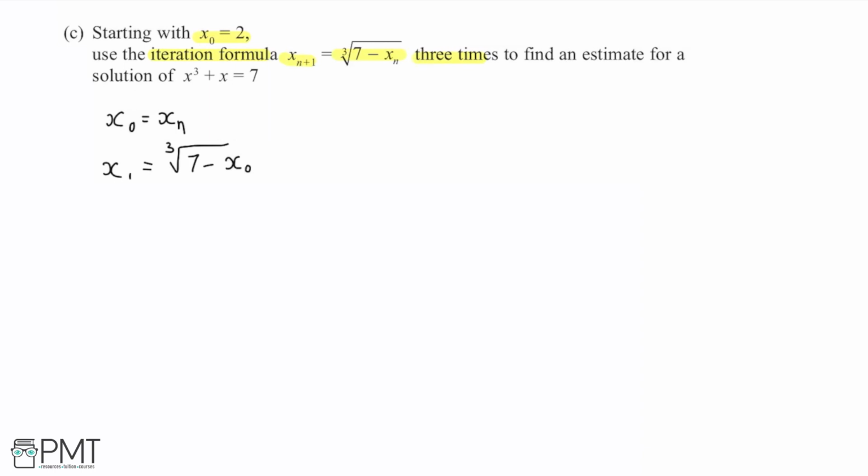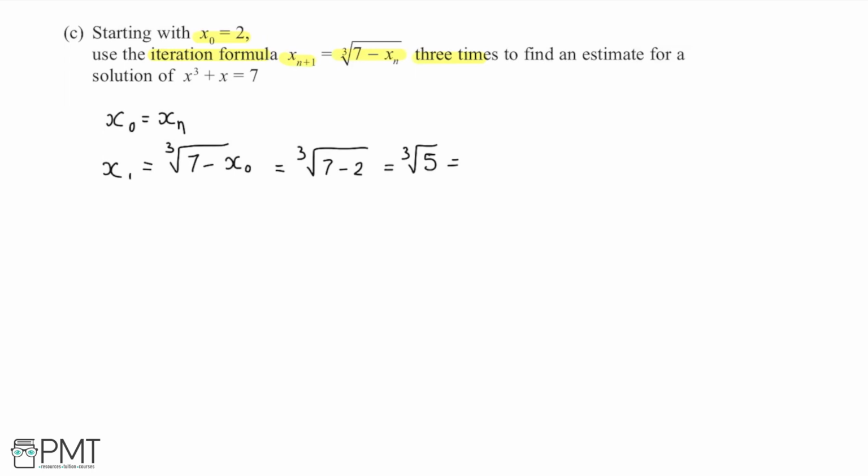So just to go through that again, we have xn plus 1, and n is 0, so n plus 1 is 1. So x1, next term, is equal to the cubed root of 7 minus x0. And we have the value of x0 that we've been asked to start with. So the cubed root of 7 minus 2 is equal to the cubed root of 5.